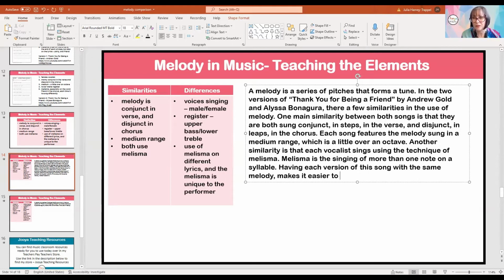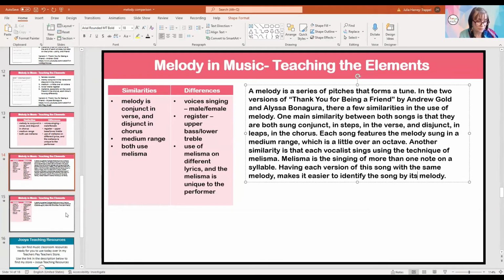The reason we know it's the same song is because it's the same melody, same lyrics. Or you could have said something more along the lines of: similarity in two versions of the same song is important because... that's another one you could do. Okay, it's melody. All right, so we've just done similarity.